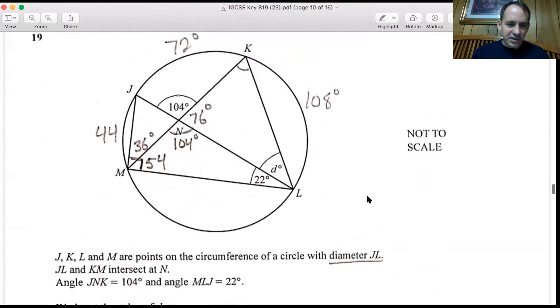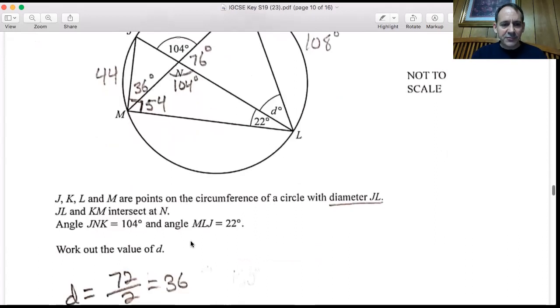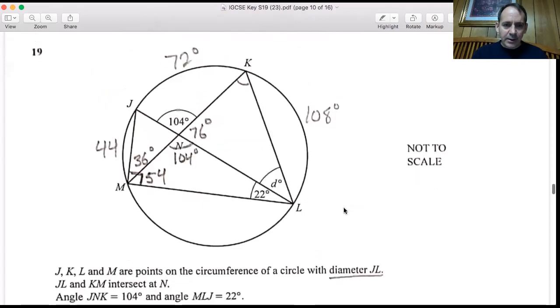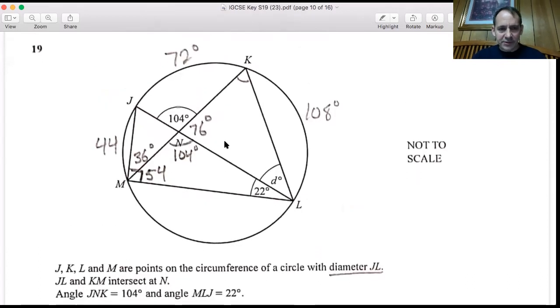Now, when you have these confusing diagrams, it's what are you looking for? Not what am I looking at, because that's kind of confusing. It is what am I looking for? Our goal is to find this value of D. But let's see what we're given. We're given this 104, and it is a vertical angle to this one over here.